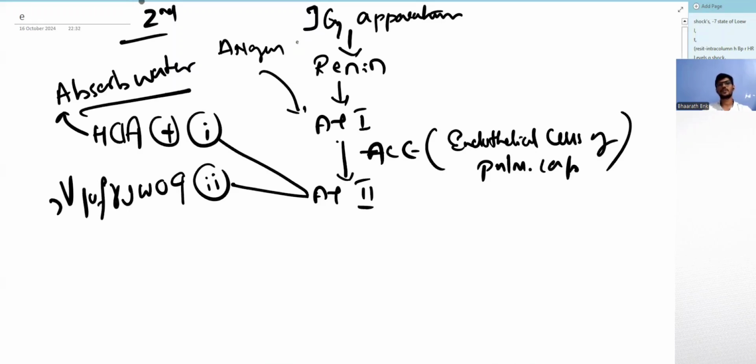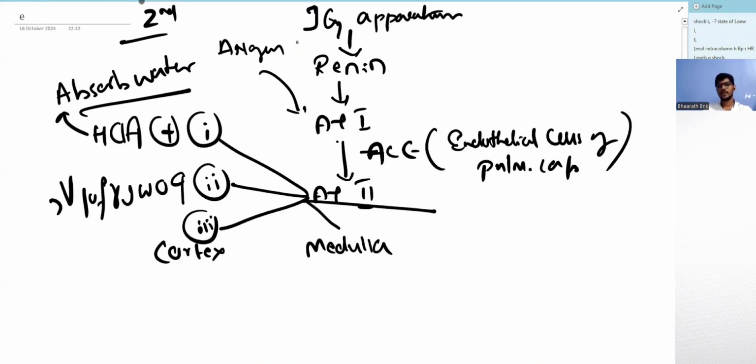The vasoconstriction capacity of angiotensin 2 is 8 times more than that of noradrenaline. So that is 2. And the third is it acts on the adrenal cortex and on the adrenal medulla. Fourth is it itself can cause sodium plus water retention by acting on renal tubular cells.